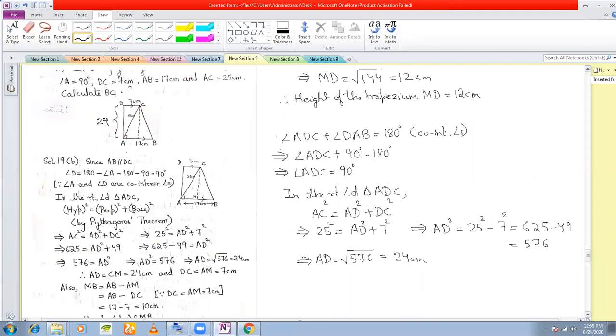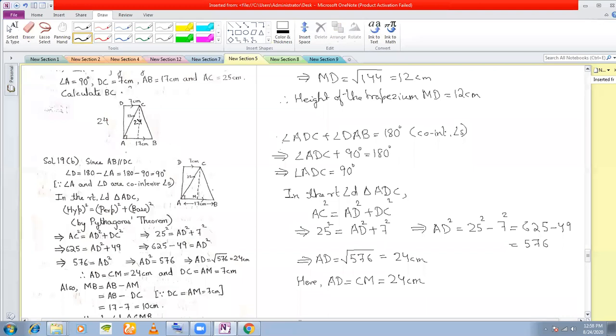Okay. Now we'll write here, if I call this point as M, AD must be equal to CM, must be equal to 24 centimeter. That means AD must be equal to this length. Okay. So we know this length also. We know 24 this length.